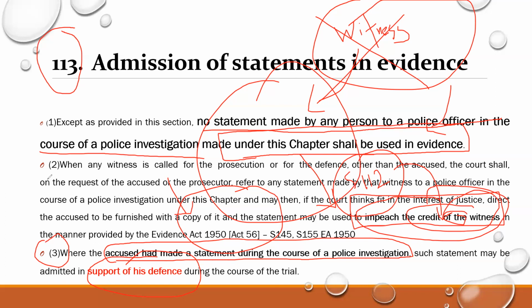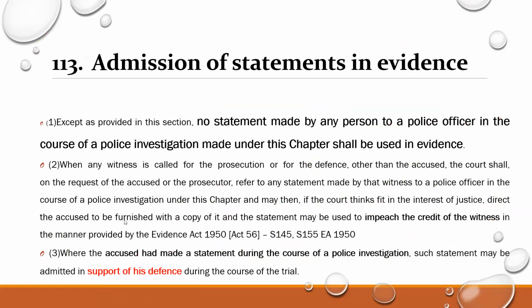Therefore, there's no custody, control, and possession of him towards the said drugs. He's not liable to drug trafficking, for example. Okay, so you must know how to use this exception to the exception.